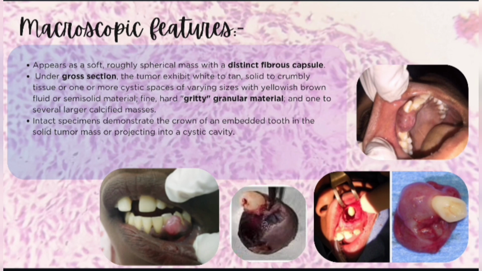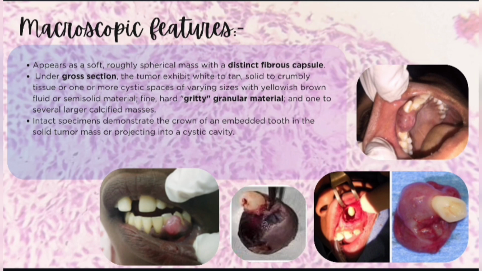Also, it is a sign that it is a slow growing tumor, because our body defense tries to fight the tumor cells and tries to limit them. So there is fibrosis in slow growing lesions.